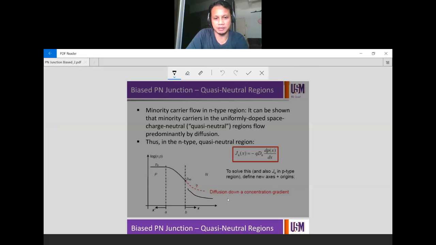We'll see what happens here next. There'll be another set of equations that you have to use, including diffusion length and so on, to be able to know the exact minority carrier concentration in the quasi-neutral regions. So yes, that's it for today.